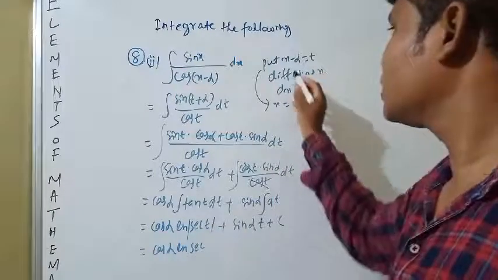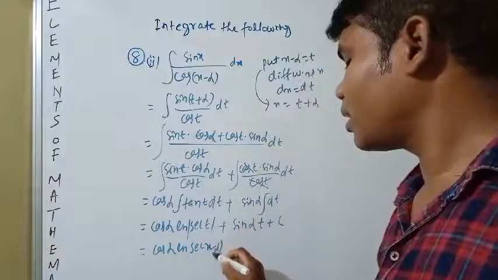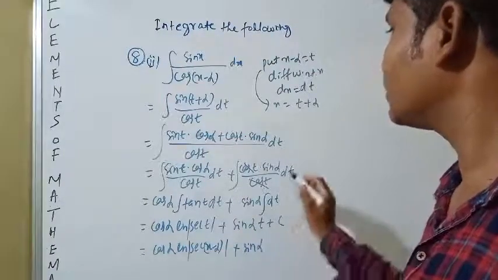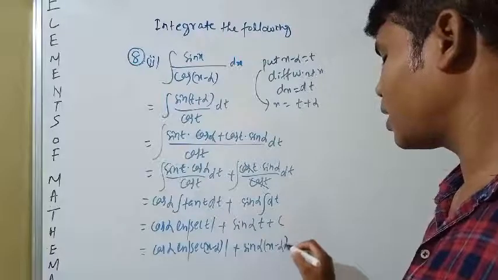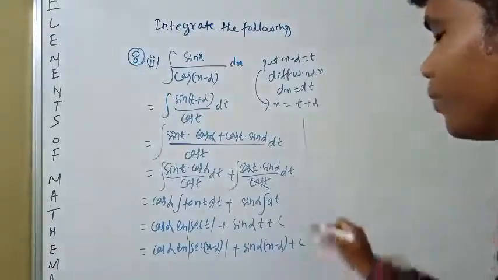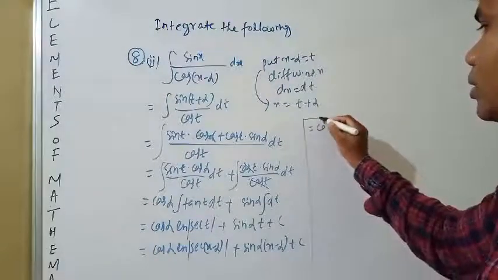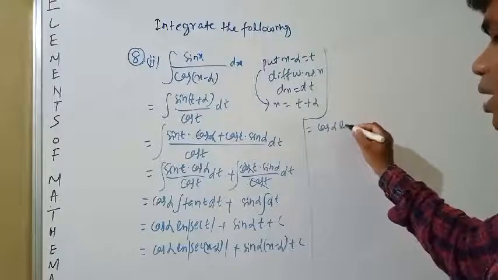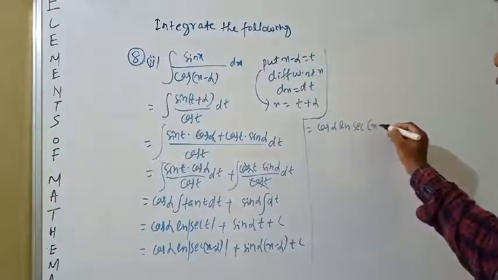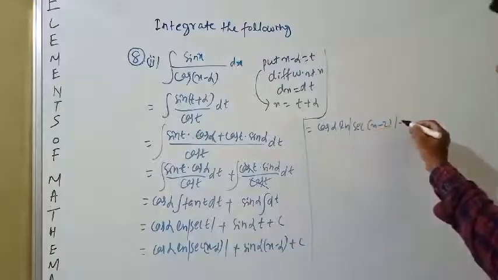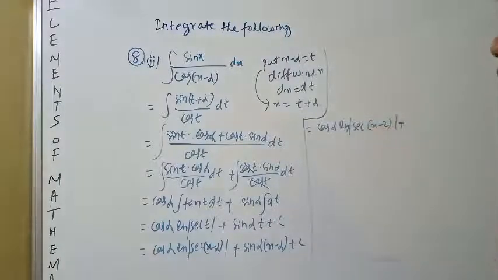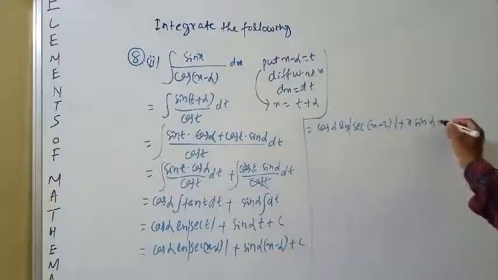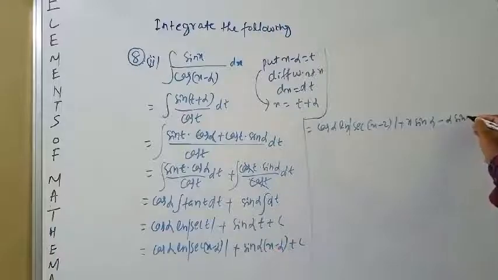Sec t is equal to x minus alpha, and t is equal to x minus alpha plus c. Here you see, it is cos alpha ln sec of x minus alpha, plus sin alpha into x minus alpha, that is x sin alpha minus alpha sin alpha, plus c.